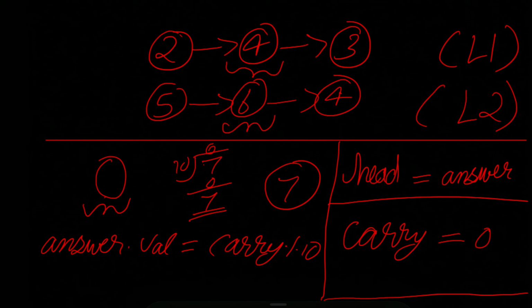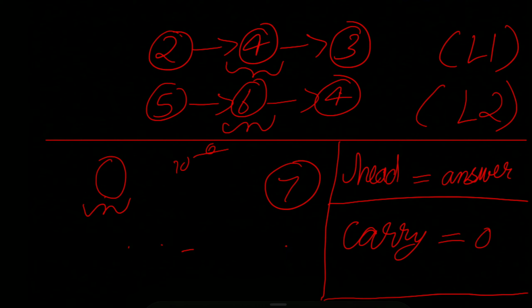Because if it would have been divisible, the remainder would have been 0, but in this case it is not divisible, which means there is no carryover. So we can just save 7 inside our answer.val. We'll just save 7 in this.